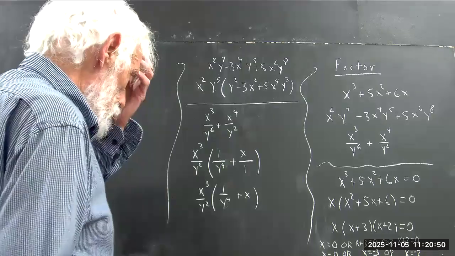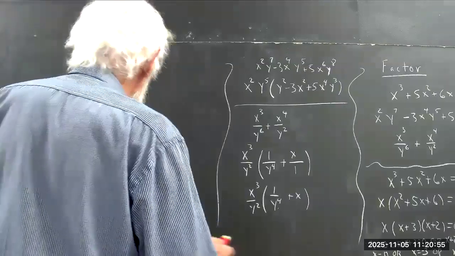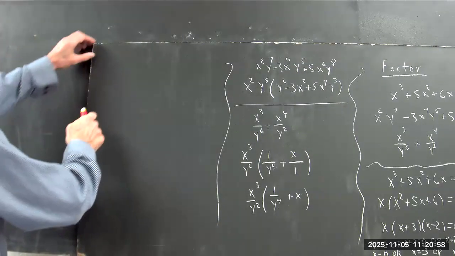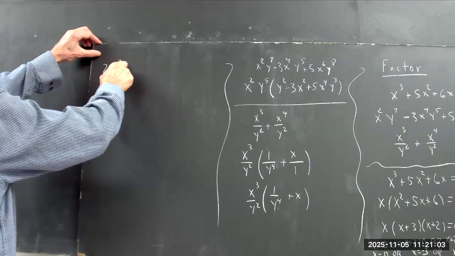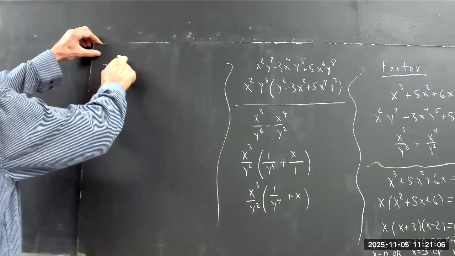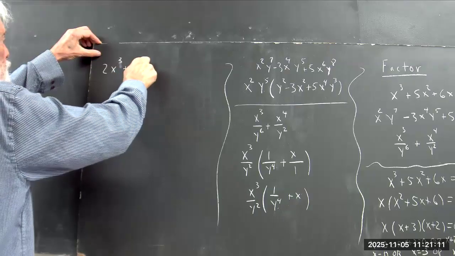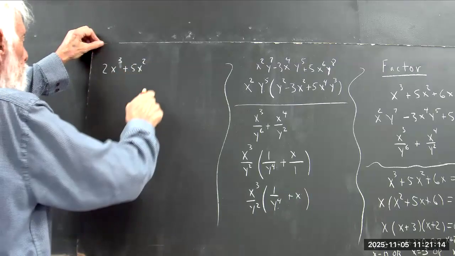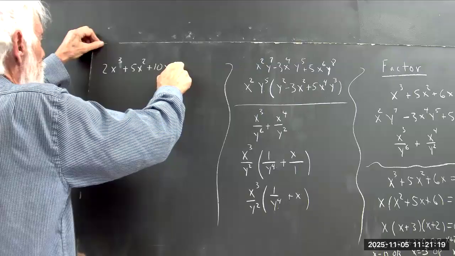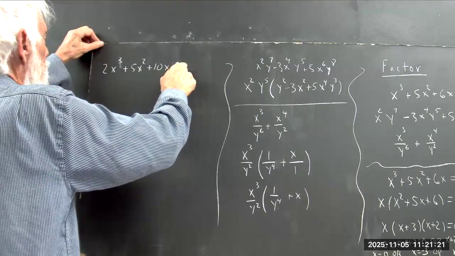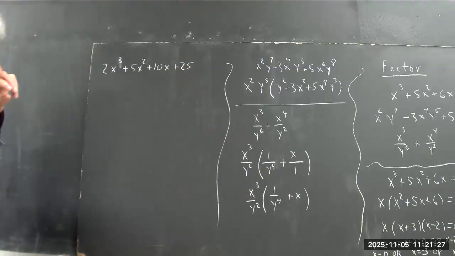So I'm going to show you a factoring trick. Let's say we've got 2x cubed plus 5x squared plus 10x plus 25.